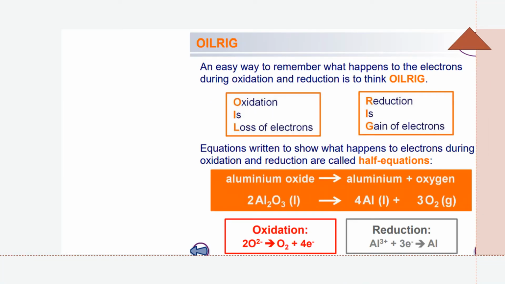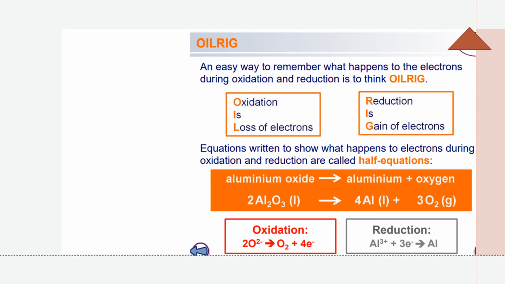An easy way to remember what happens to the electrons during oxidation and reduction is to think OIL RIG. Oxidation Is Loss of electrons. Reduction Is Gain of electrons. Equations written to show what happens to electrons during oxidation and reduction are called half equations.